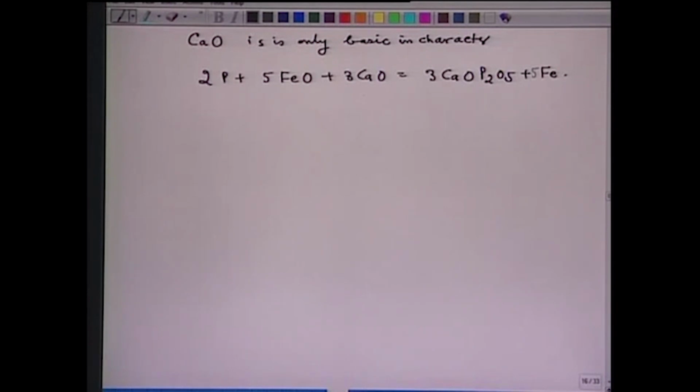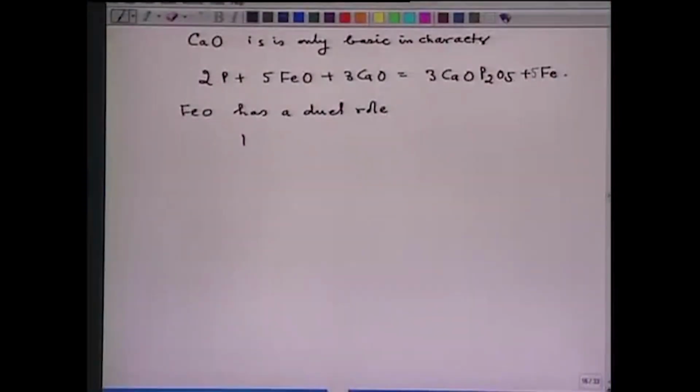Now, in this particular reaction, FeO, though it supplies oxygen for reaction with phosphorus, also plays the role of basicity. So, FeO has a dual role, as I pointed out: oxidizing as well as basic, but weaker basic than calcium oxide. So, if at any point of time in the reaction FeO replaces calcium oxide, then dephosphorization will decrease, because FeO is a weaker base than calcium oxide.